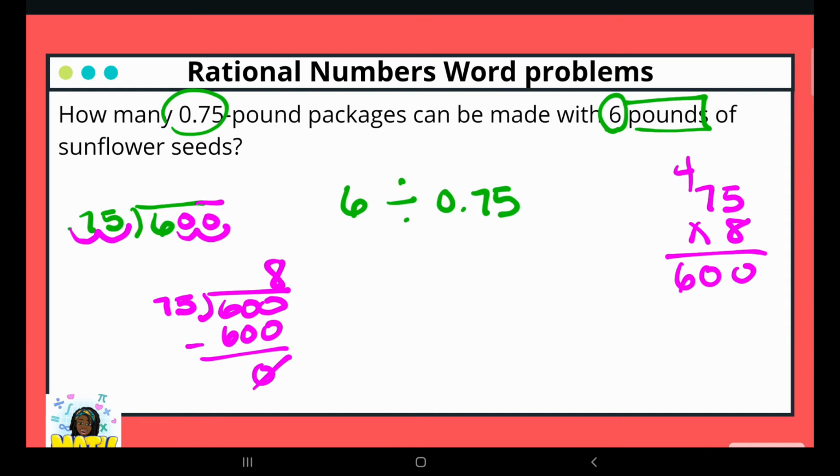However you wanted to think about it is fine. Guessing and checking is absolutely okay. So, how many packages can be made from 6 pounds of sunflower seed? You can make 8 packages, with each of those packages containing 0.75 pound.